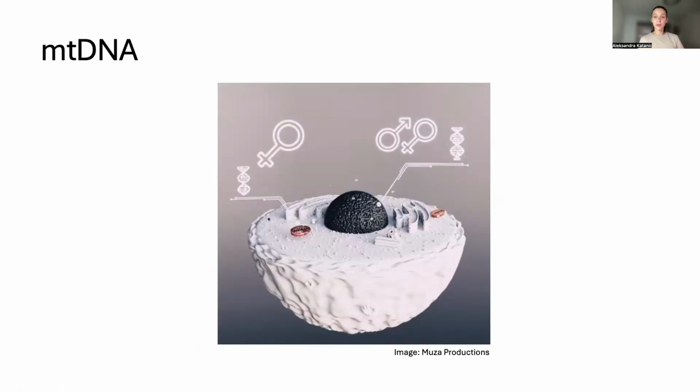Mitochondrial DNA is very important. This comes from a mother to all of her offspring, okay, regardless of sex, regardless whether it's a male or female. And only mothers can donate mitochondrial DNA because during conception, the egg provides the cytoplasm to the embryo, and the mitochondria are located inside the cytoplasm.